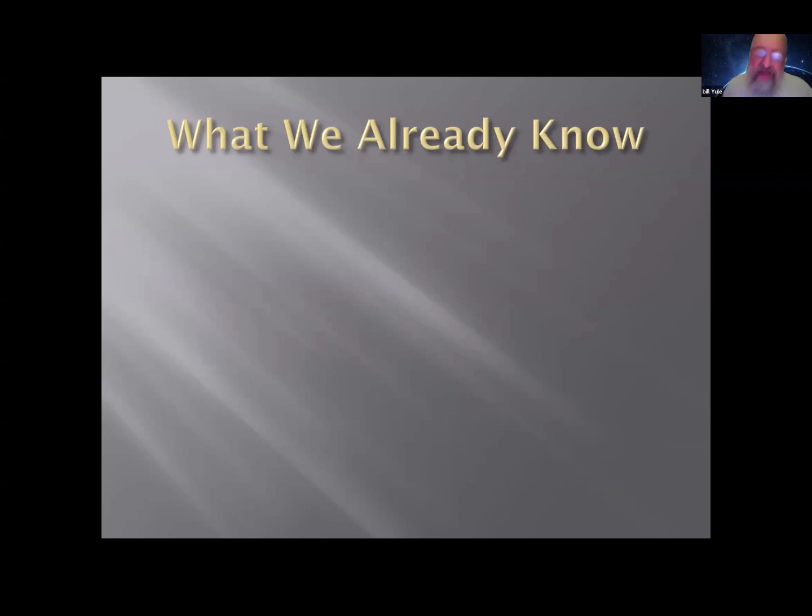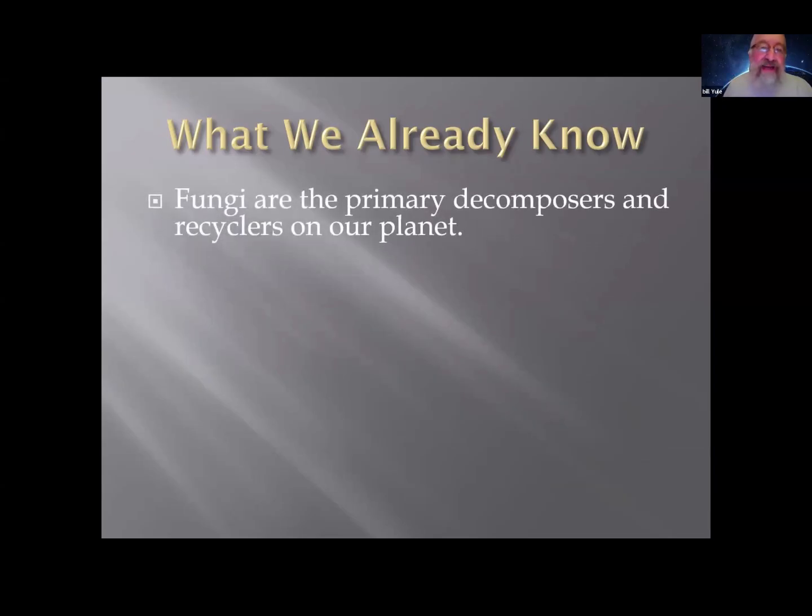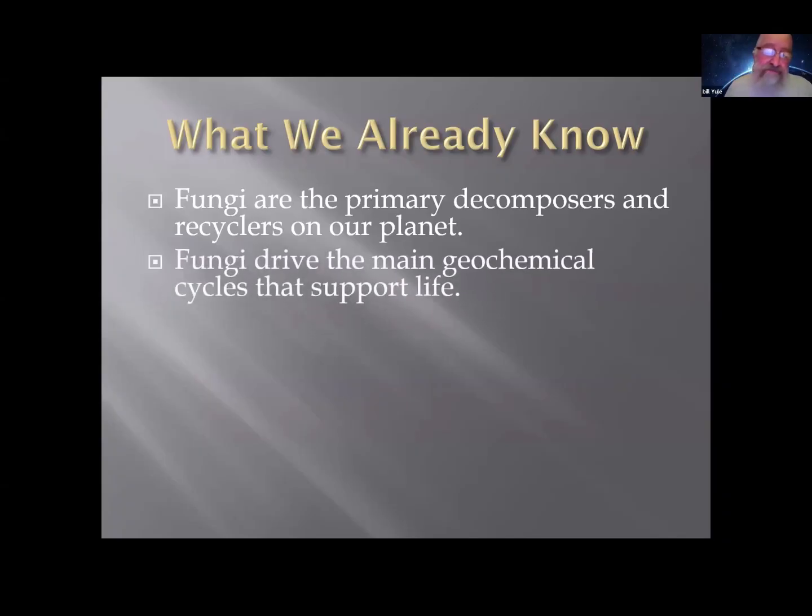All right, before we go too much farther, I want to just go back over what I know everybody already knows. So fungi are the primary decomposers and recyclers on our planet. That's pretty much evident. I'm sure everyone knows that. Bacteria do a little bit of these things, but fungi are the main players in decomposition.